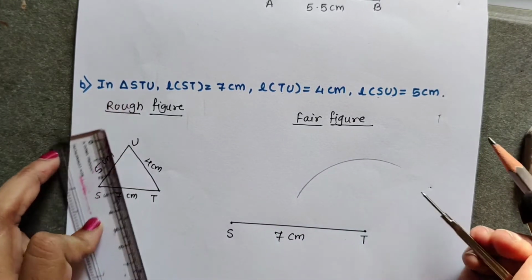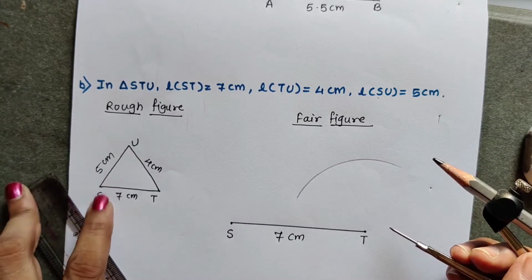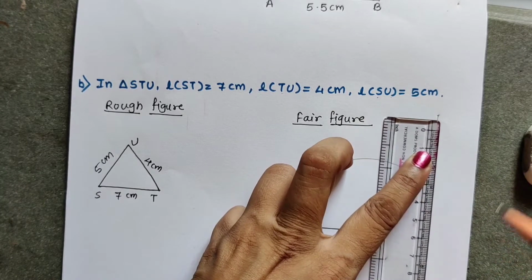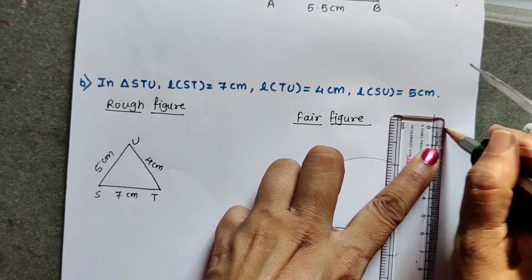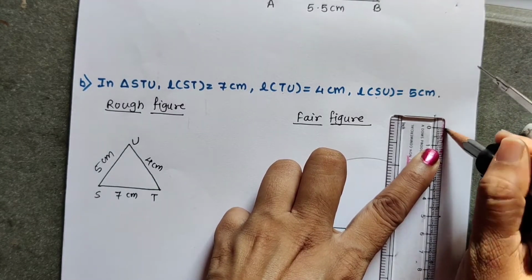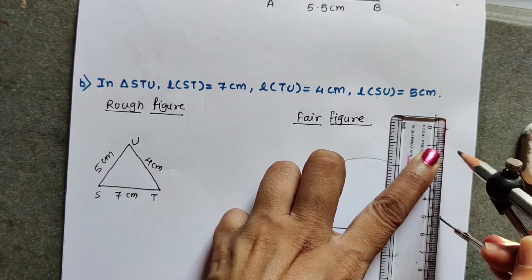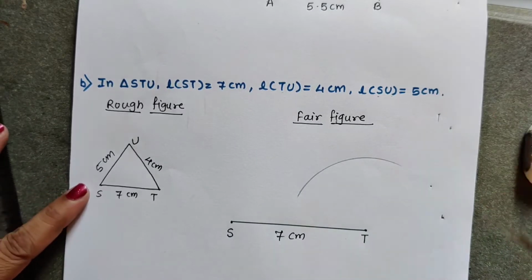Now we have to draw the second arc at 5 centimeter distance from point S. For that again I am going to take it from my ruler, 0 to 5. This 5 centimeter radius I have taken in my rounder.